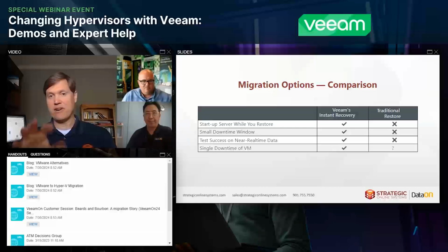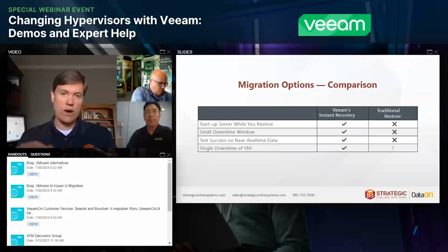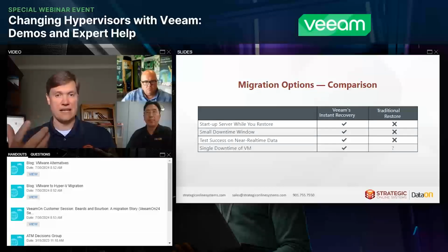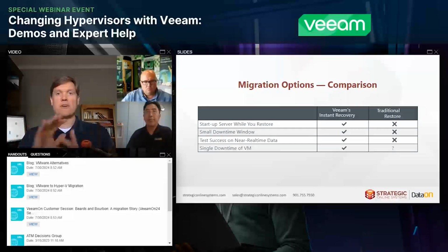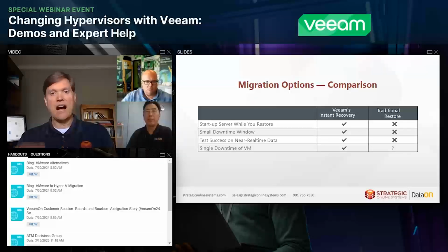And then the second part about that is the small downtime window, because it's not just restoring while you start it up, it's also converting it from now 8 different platforms. Veeam allows you to convert from 8 different virtual platforms to Azure Stack HCI or Hyper-V on the fly.